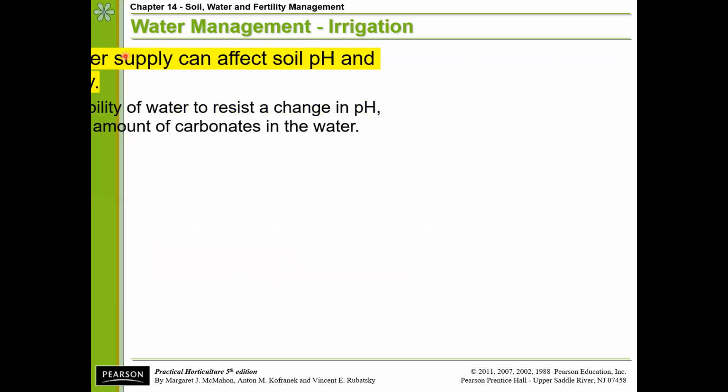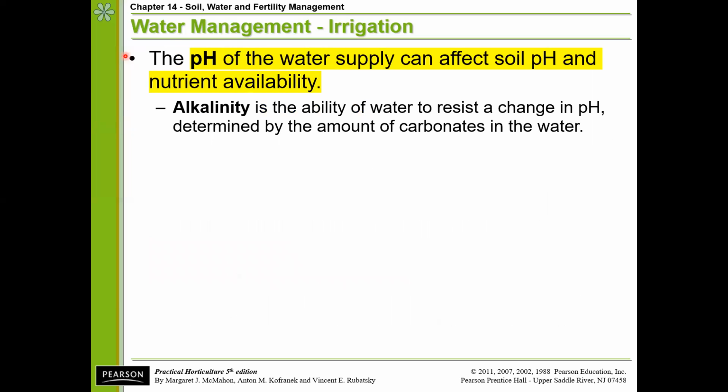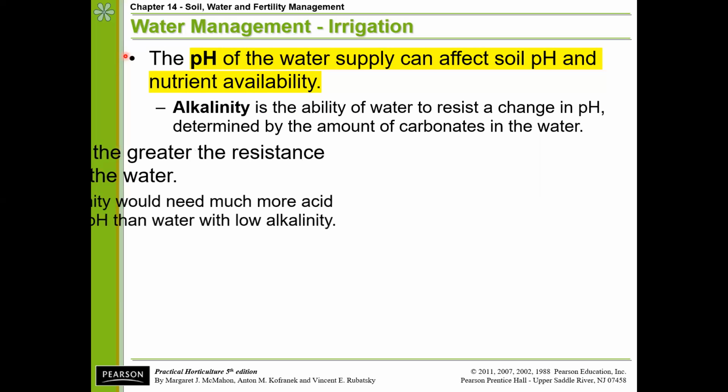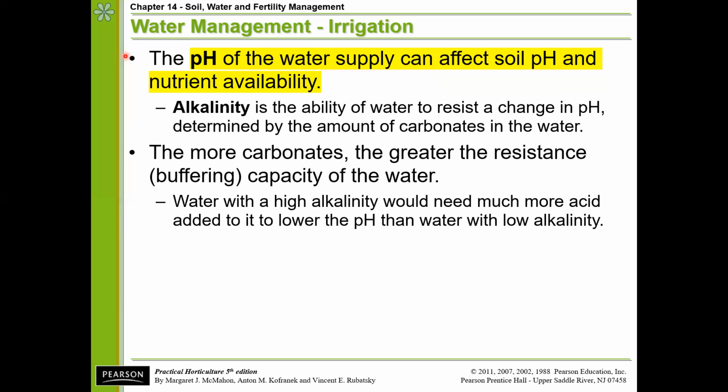So when we think about water management, we look at the chemical properties, and of course, pH plays a big role there. Whatever your water supply is can affect the soil's pH and nutrient availability as well. Generally, most of our tap water is more alkaline because through the various ways that they treat the water, they're bringing it up in pH. Most tap water is probably at or slightly above neutral.